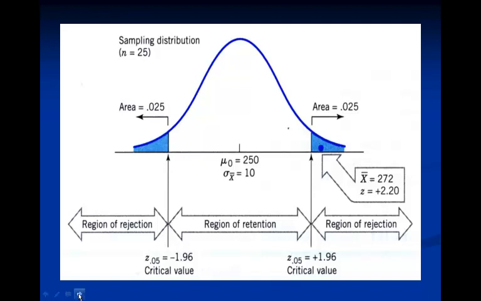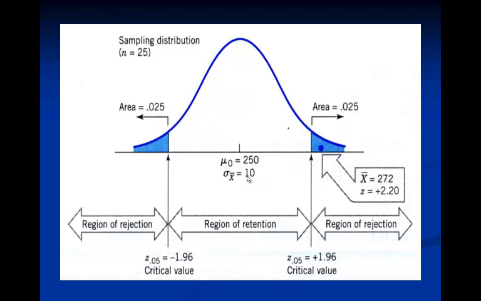So just to show you this, schematically on a normal distribution, this is the sampling distribution of the mean based on samples of n equals 25. Here the population mean is 250 in this example, and the standard deviation of the sampling distribution of the mean, which is the standard error of the mean, is 10.